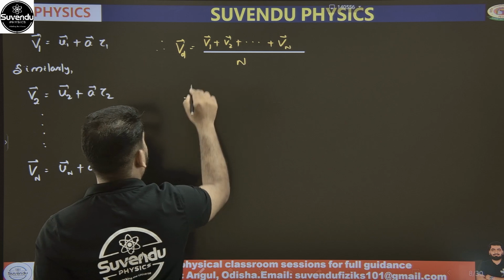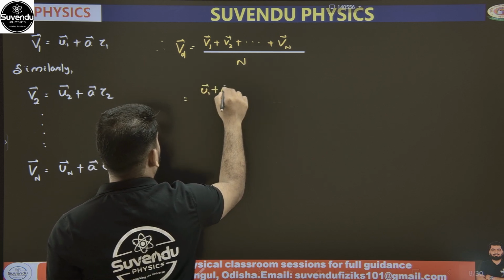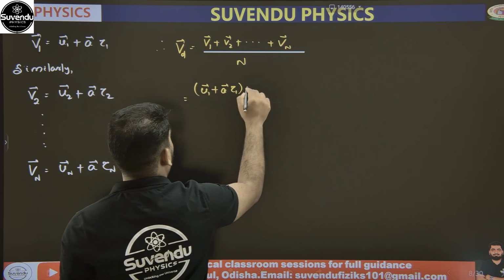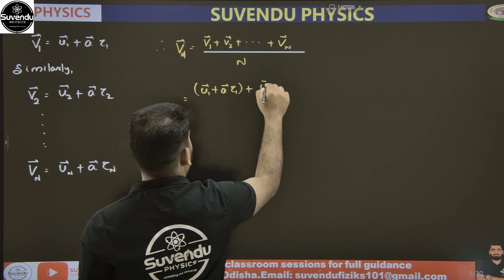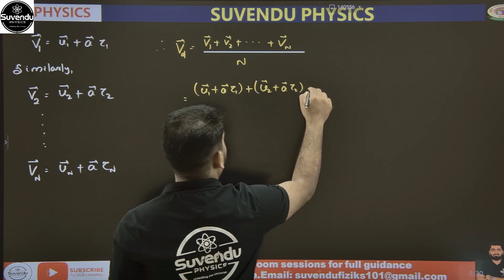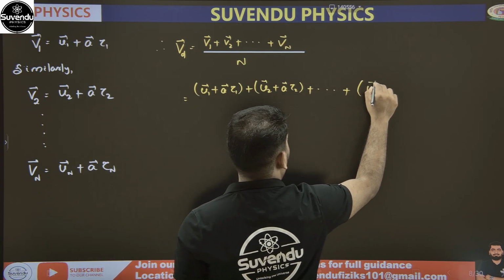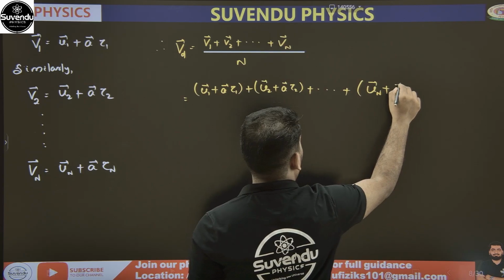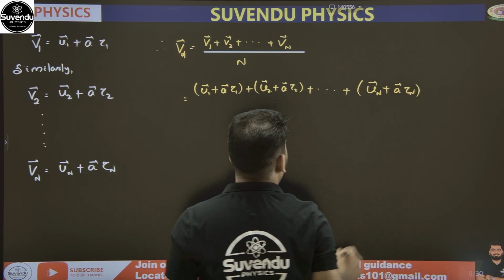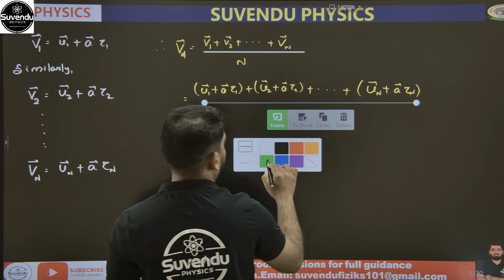So put in the respective values: u1 vector plus a vector tau1, plus u2 vector plus a vector tau2, and finally un vector plus a vector tau n, divided by N.